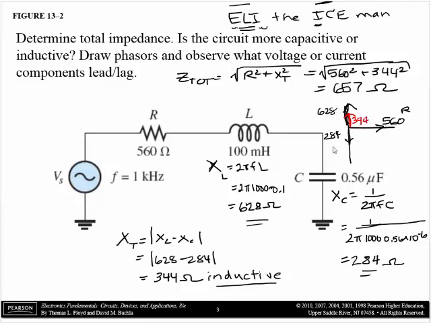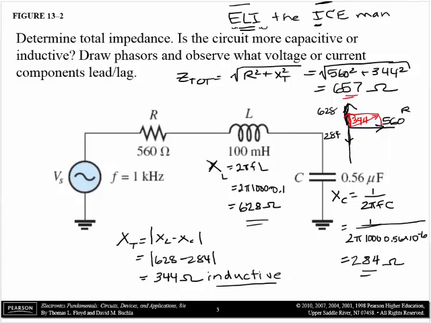And if we were to complete this phasor diagram for impedance, it would be completing this triangle out here, and that would be Z total. So Z total, the impedance, is 657 ohms, and it is more of an inductive circuit than a capacitive circuit.